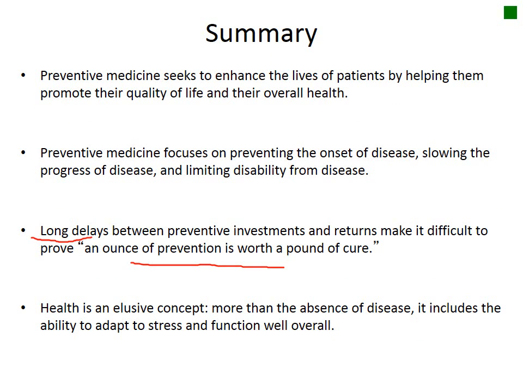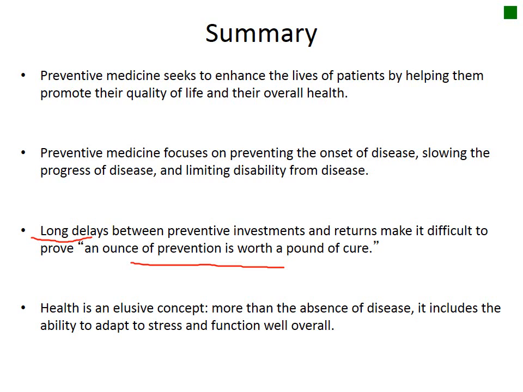So to summarize, preventive medicine seeks to enhance the lives of patients by helping them promote their quality of life and their overall health. Again, kind of focusing on especially primary prevention. Preventive medicine focuses on preventing the disease onset, slowing the progression of the disease, and limiting disability. And then, so what are some of the barriers?